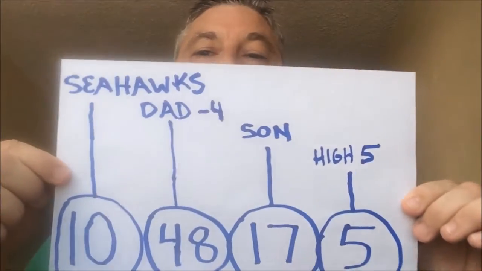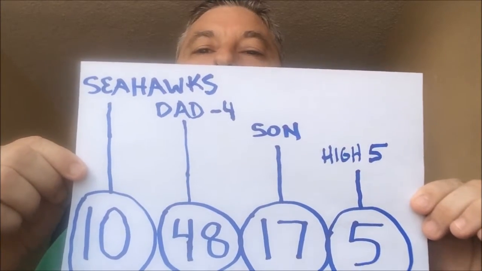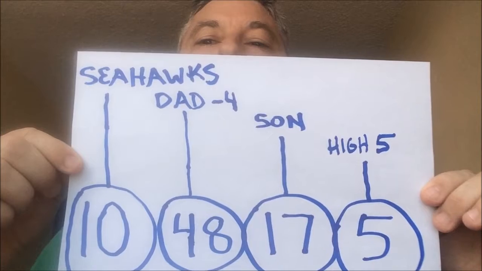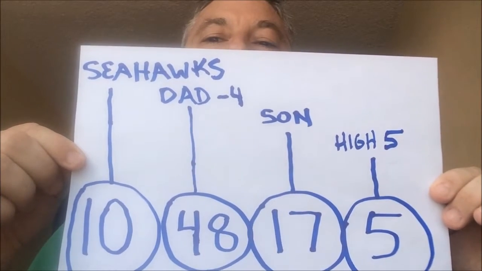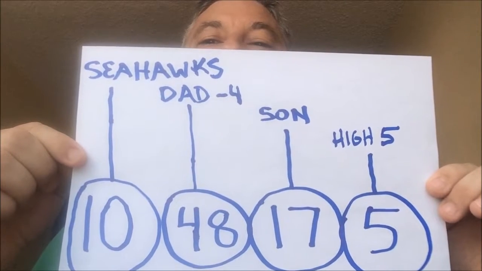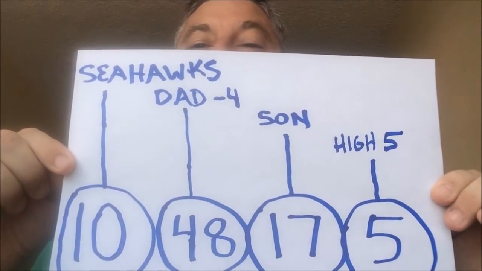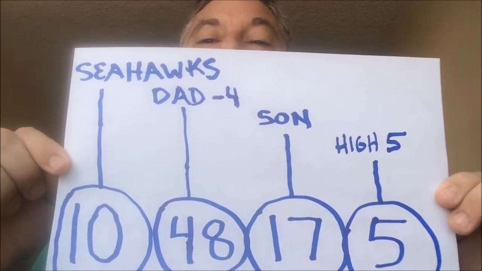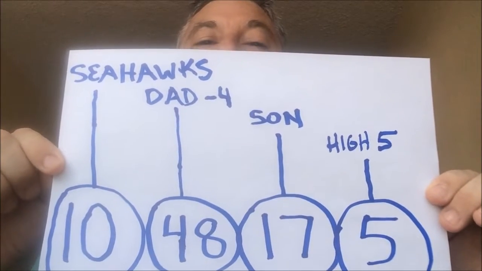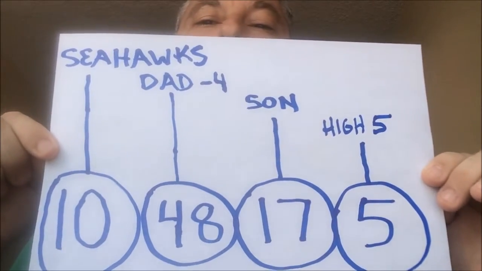Okay, so instead of 104-8175, we're going to go 10. The reason that 10 is associated with something I know is it's the number for a former football player that I associate with the Seahawks.